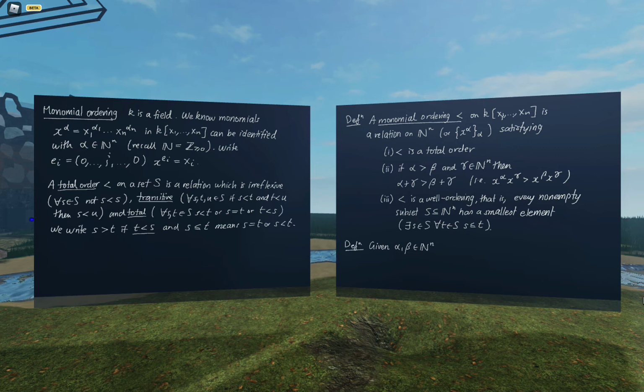So let me define our first example of a monomial order. It's kind of what you might think is the normal one. So we define alpha to be greater in what's called the Lex order, or lexicographic order, if the leftmost non-zero entry of alpha minus beta is positive.